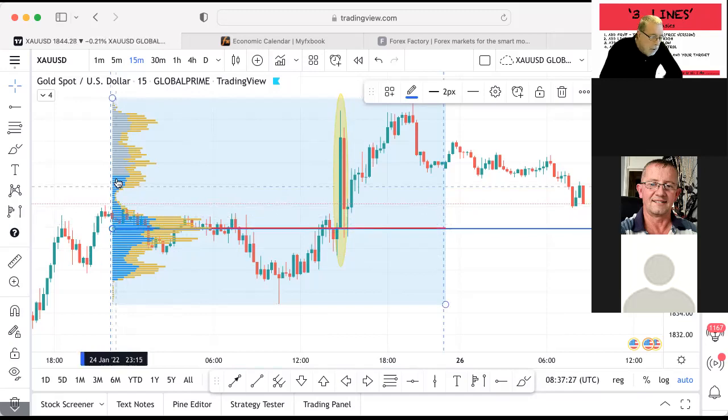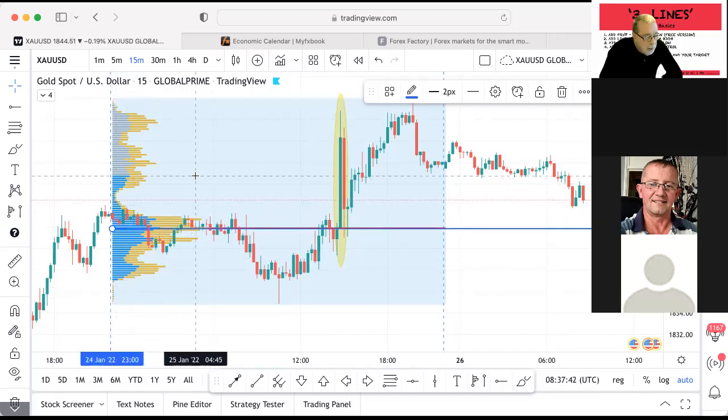And you'll notice that the bars in this area here are dark blue, and yet above there and below there are some smaller, paler bars. What that indicates is that 70% of all the orders that were placed yesterday were placed where the dark blue bars are. So from there up to there, 70% of all the trades yesterday.